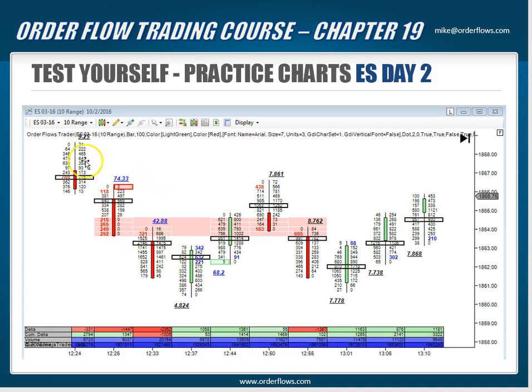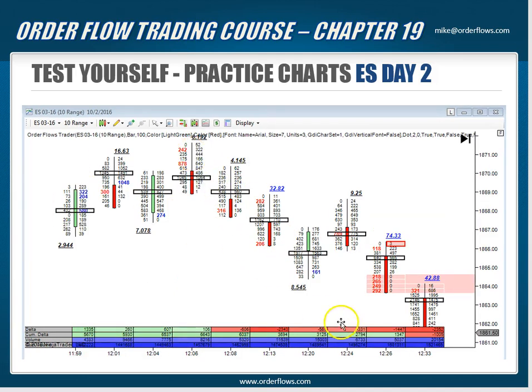I said, it's just one of those things where I felt going back here, you already had a big move, 7 points. And I said, if you're trying to get an additional 5 points out of that move, I feel you're just a bit late to the party. What would have been better is trying to get short on this pullback up towards this small print here. At least that would give you an extra 3 or 4 points of the move.